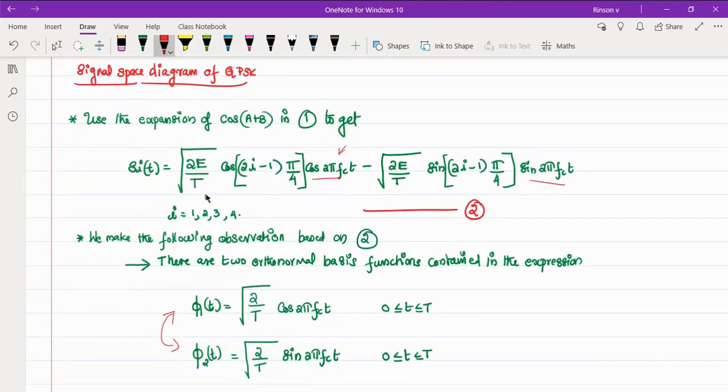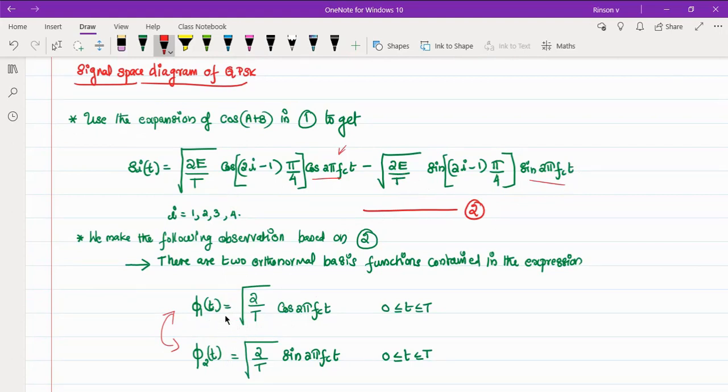Now take this one, cos 2 pi fct together with root 2 by T, that is this one, as phi 1. Again take this one, root 2 by T sin 2 pi fct, as phi 2.